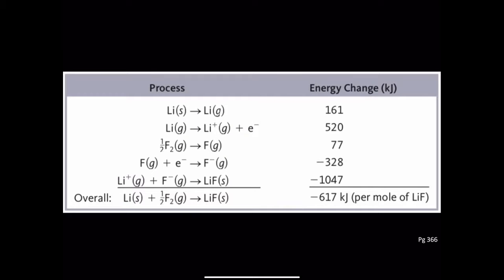Here's another way we can look at that. And overall, we get negative 617 kilojoules per mole of lithium fluoride, meaning a lot of energy has been given off. Okay, so remember, we're thinking about it in terms of the giving off of energy from this molecule itself. So negative means giving off energy.